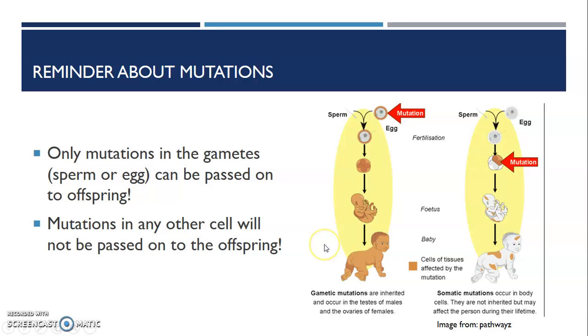In order for it to be passed on, it has to happen in the gametes. Same thing with lung cancer or something like that. Those are specific mutations to specific parts of the body, and so those don't get passed on. It only happens when it is in the sperm or egg.